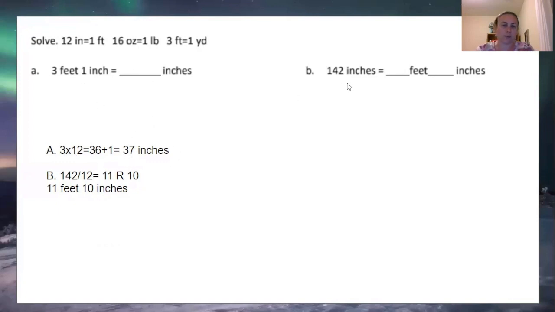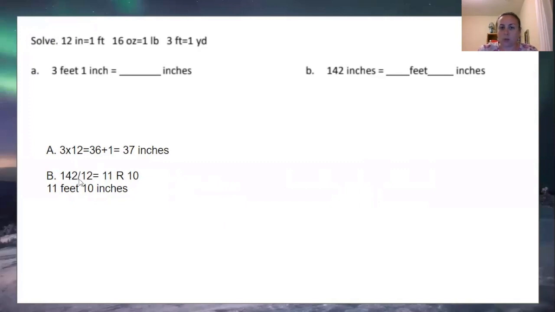Then for this one, we haven't really practiced or seen examples like this. But if we are multiplying the feet times the inches to find out how many inches there are, we're going to go to the reverse. If we have the inches, we need to find out how many feet. Instead of multiplying, we're going to divide.